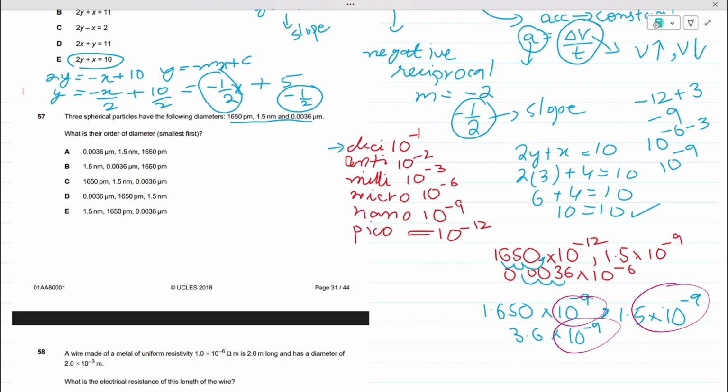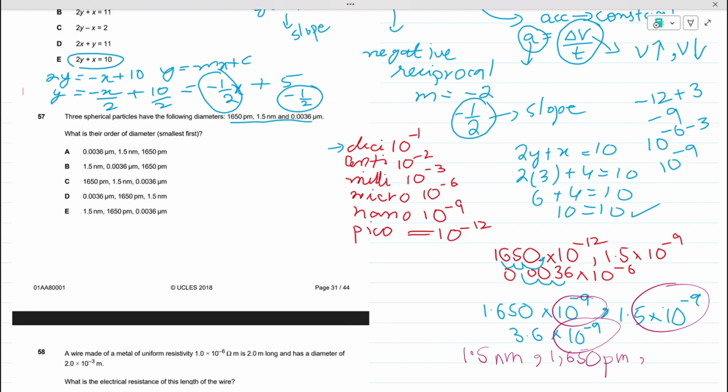Now just see the value. Which is the smallest? We have to arrange from the smallest to the largest. So the smallest is 1.5, and what we had with 1.5 is nanometer. Then after 1.5, 1.6 comes, so 1.650, and what we have with 1650 is picometer.